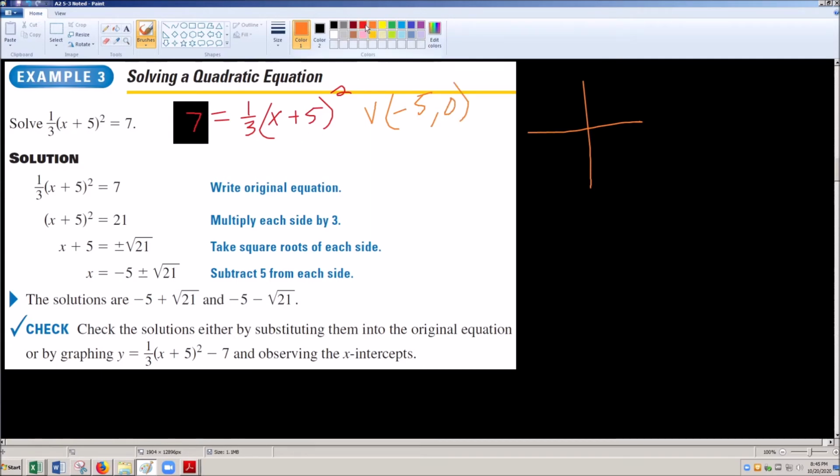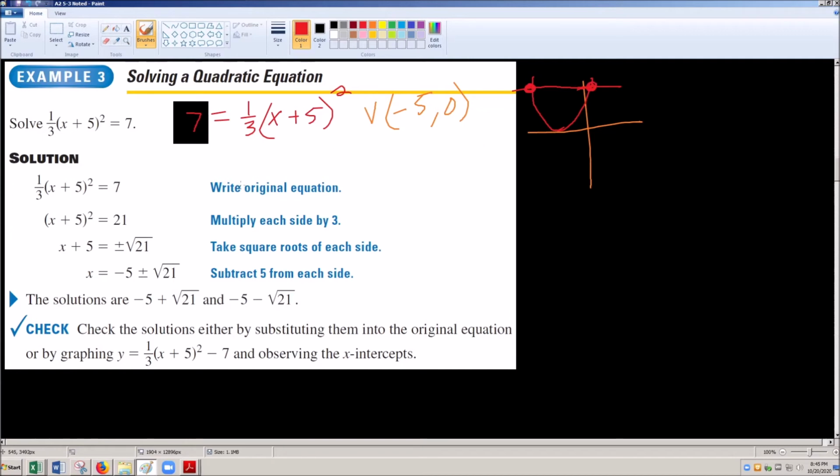So this thing is going to more or less look like this, and then we're going to figure out wherever the y value is 7. So we're going to have a line that comes through, and we'll have 2 answers here and here, or that's what we should hopefully see at least.